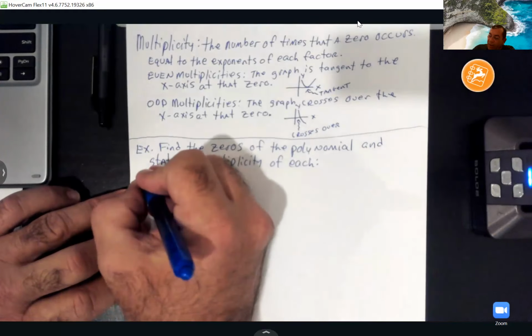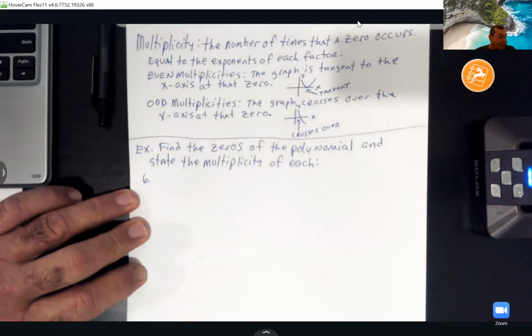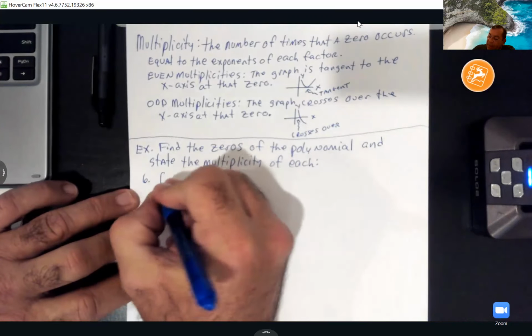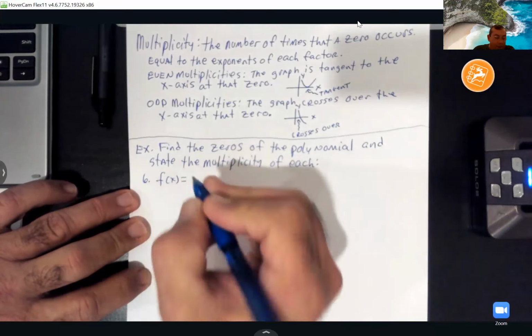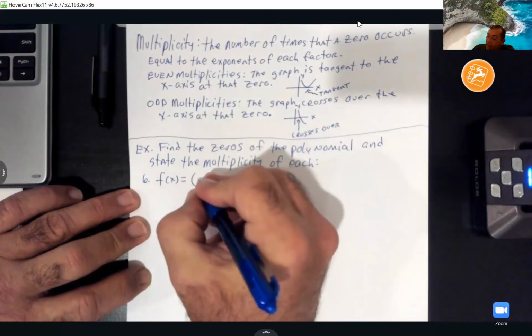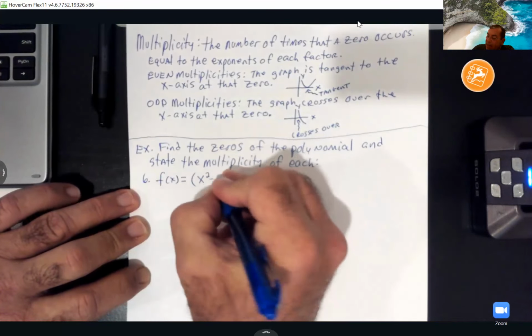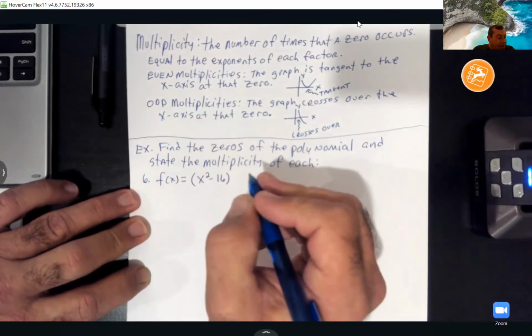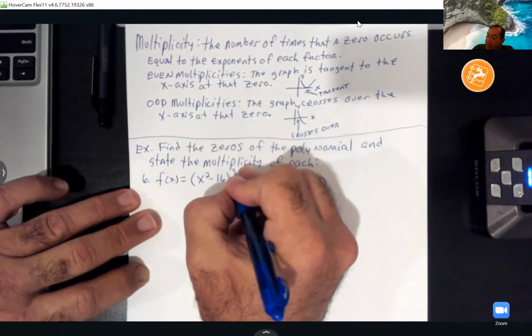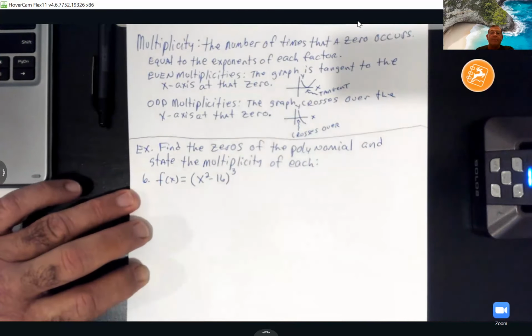So these start around number 6, one I'm about to do. Number 6, they're giving me f of x equals parentheses x squared minus 16 to the third power.